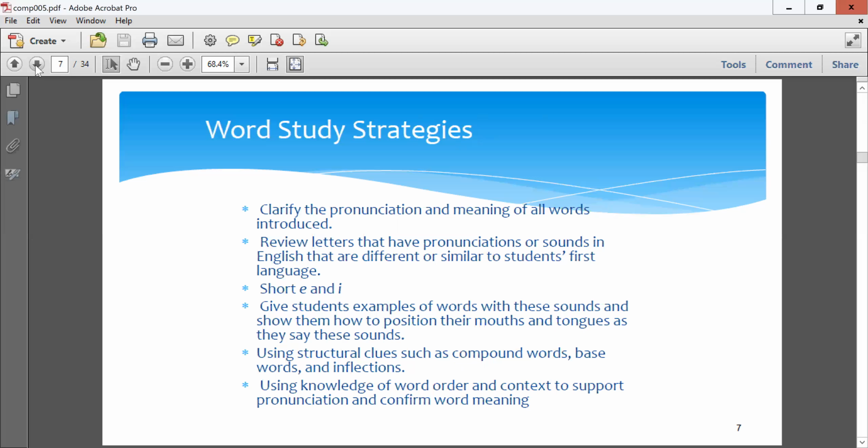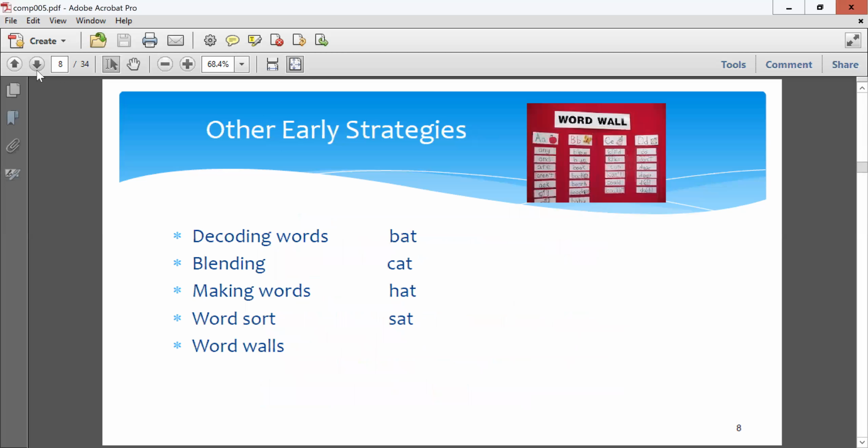Using structural clues such as compound words, base words, and inflections, and then knowing the knowledge of word order and context to support both pronunciation and confirm word meaning. Because word order, as we discovered in competency 1, is also known as syntax, and that can be critical and a difficult skill for these students.